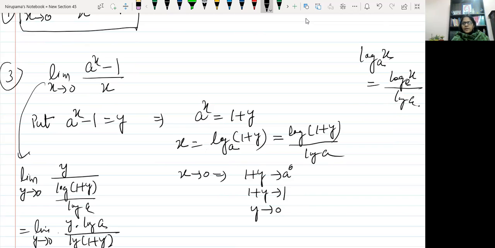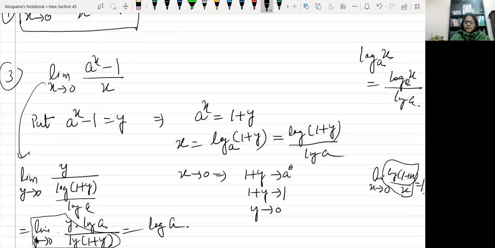As we know, limit x approaches 0 of log 1 plus x by x is equal to 1. If you take the reciprocal, it will also be equal to 1. It means limit y approaches 0 of y upon log 1 plus y is equal to 1. So we are left with log a.